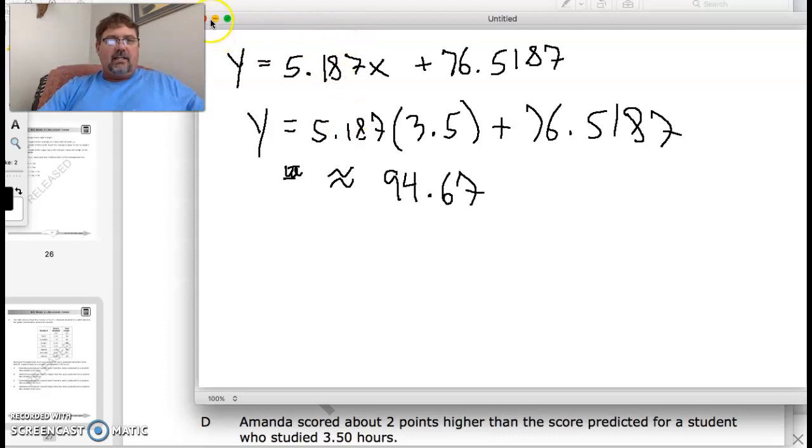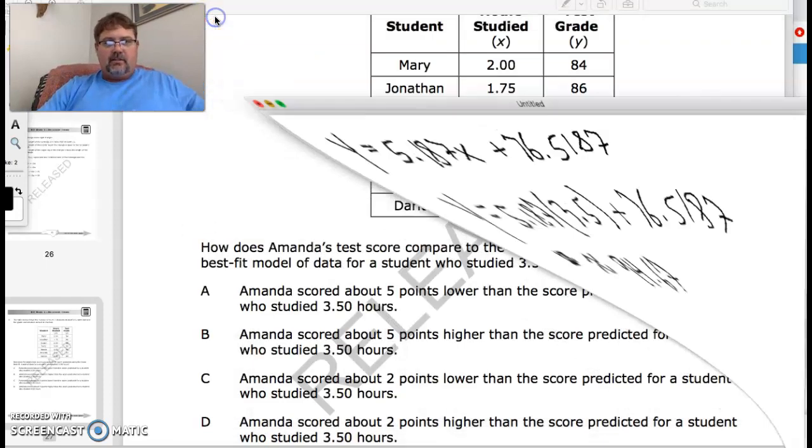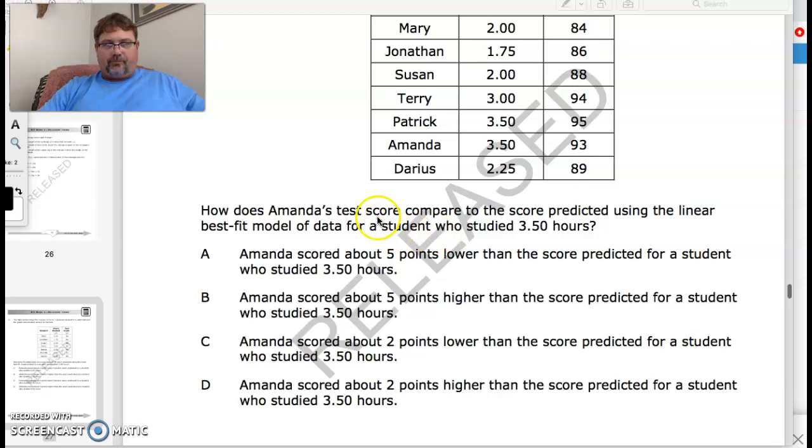What did she actually get? That's the question. So let's read these choices. We know the model's predicted around a 95. How does Amanda's score compare? So Amanda's score was a 93. Let's read these options. Amanda scored about 5 points lower than the score predicted. Well, that's not true, right?